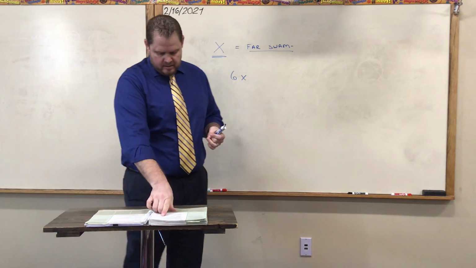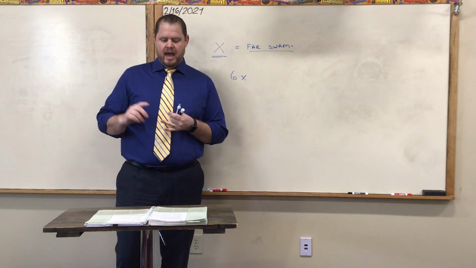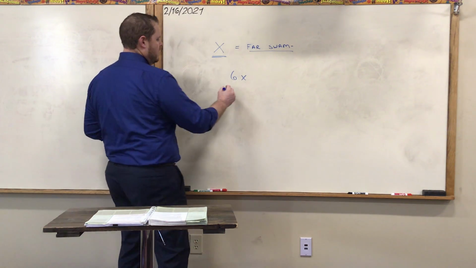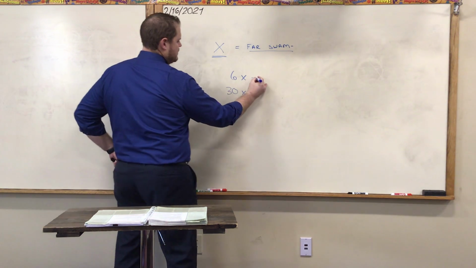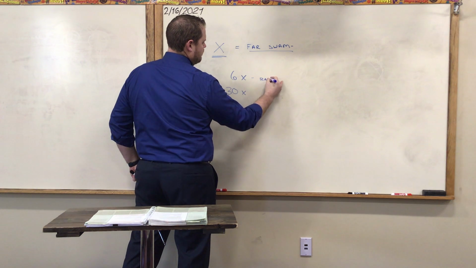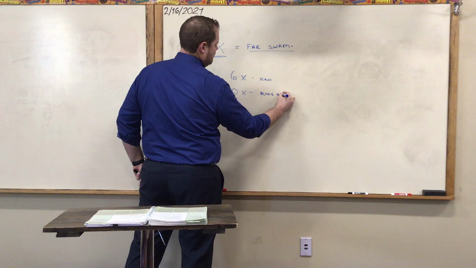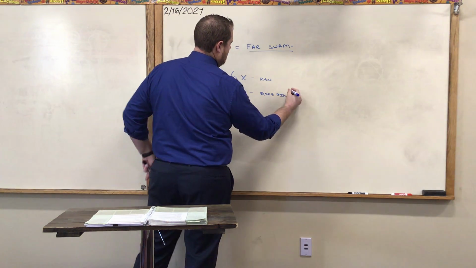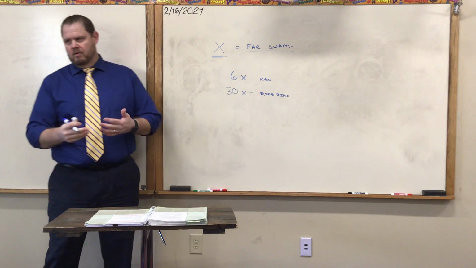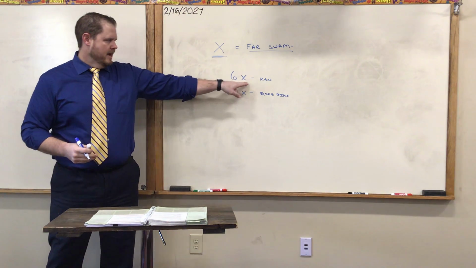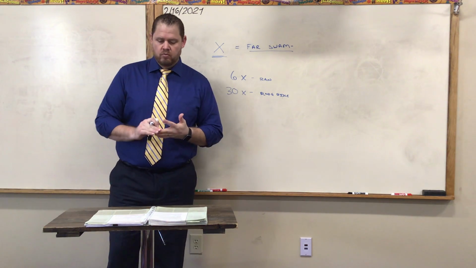Then it says he cycled 30 times as far as he swam. So 30 times x. This is how far he rode his bike. So we have x is the number of miles he swam, 6x is the number of miles he ran, and 30x is the number of miles he rode.